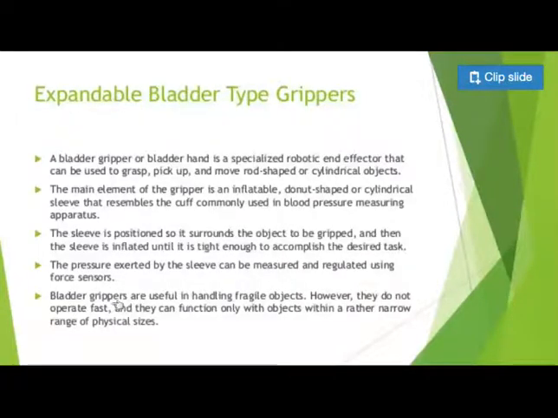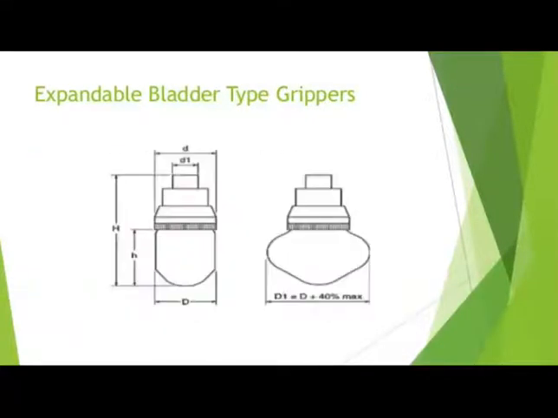Bladder grippers are useful in handling fragile objects. However, they do not operate fast and they can function only with objects within a rather narrow range of physical sizes, right? This is what an expandable bladder type gripper is.